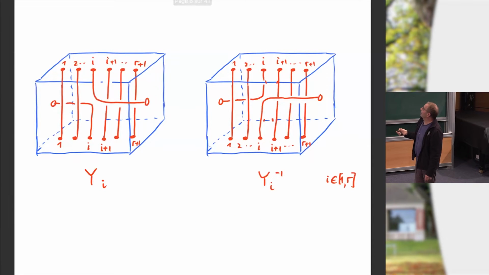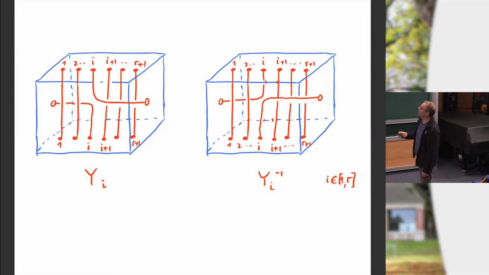Okay? The Y's are more interesting. So this is the B cycle direction, right? So now what you do is you send i to i, but to do that you go around the torus along the B cycle, okay? And then Y inverse is the same, but you go the other way, right? Instead of starting to the left, you start to the right.